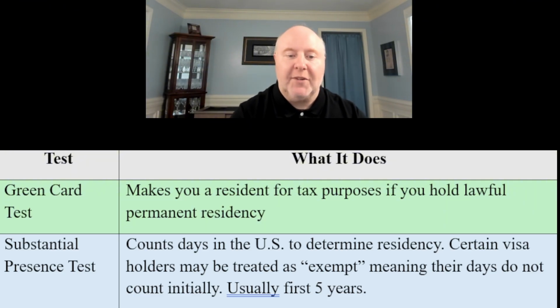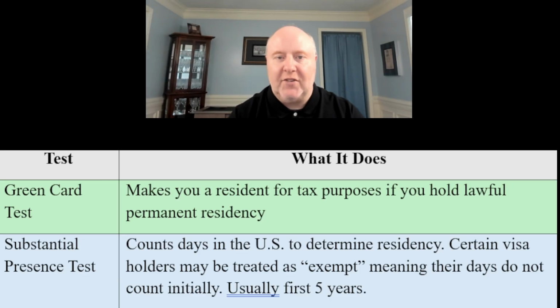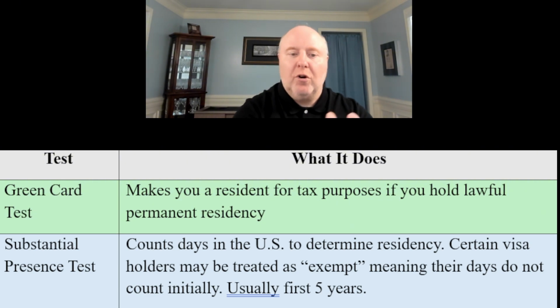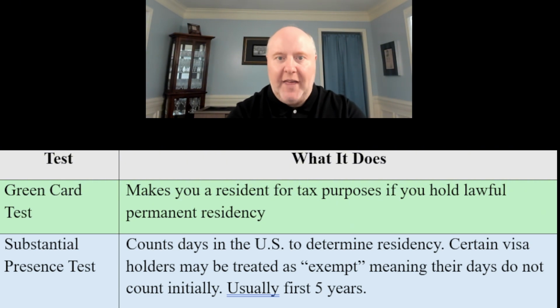Or if you meet the substantial presence test. Now, that's based upon the number of days that you're in the United States. Here's the thing, though. For most students that are on these visas, the time that you're in the United States tolls the counting of the substantial presence test. So that doesn't count toward whether you become a U.S. tax resident for that purpose.